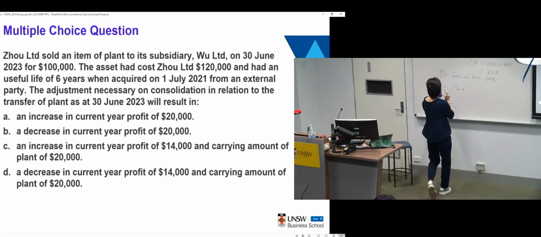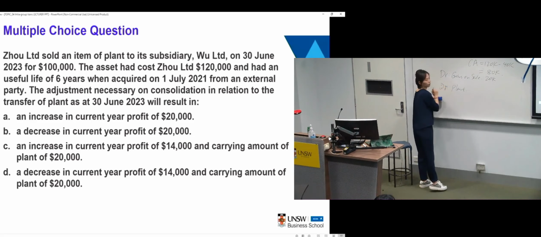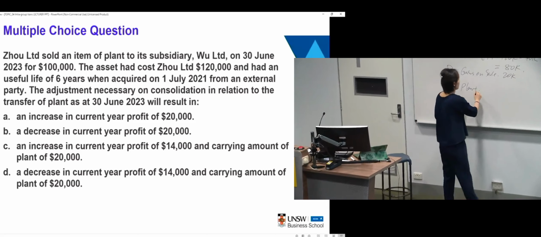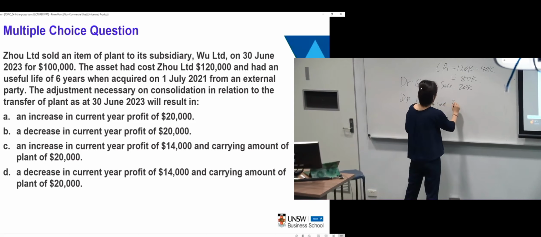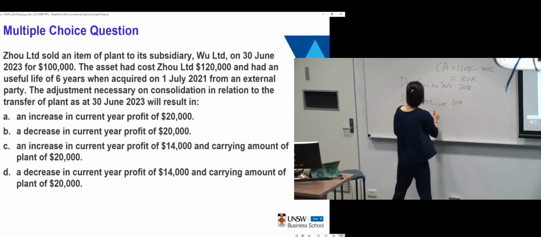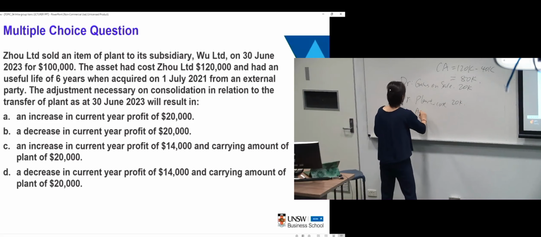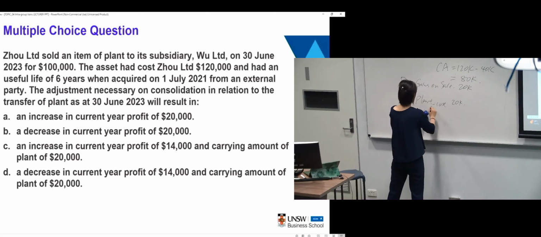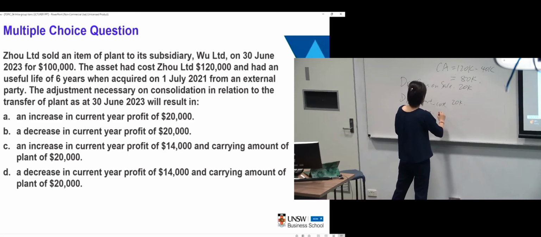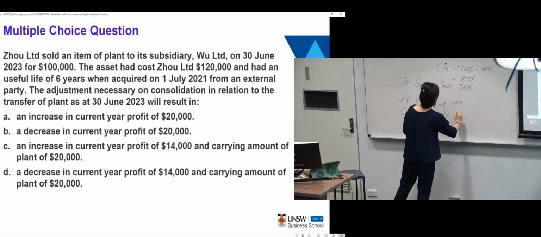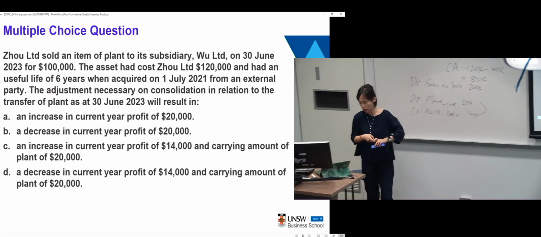Ooh, the adjustment should be on the debit side. Right? The adjustment should be on the debit side, 20,000. And then you credit accumulated depreciation, that is 40,000. So you can see debit plant cost, credit accumulated depreciation.